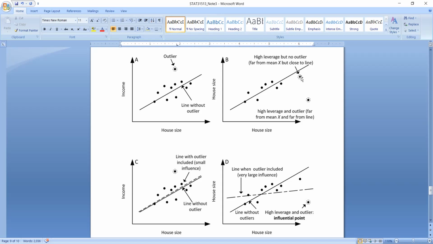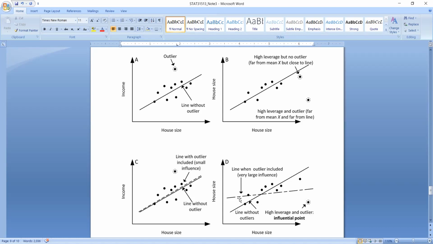So even though this is an extreme point, we cannot consider it as an outlier because the fitted line goes very close to this observation. And if you look at this one, this is the line without the outlier included, with small influence. So here, this is the line without the outlier.